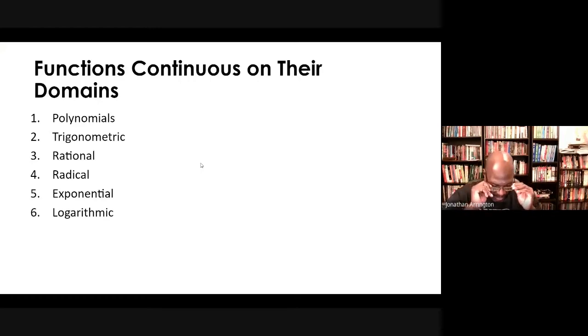Of the many things that you need to study is that these particular functions are continuous on their domain. It doesn't mean that these functions can't have discontinuities, because you know rational functions have discontinuities. And you may not know, but 4 of the 6 trigonometric functions have infinitely many discontinuities.